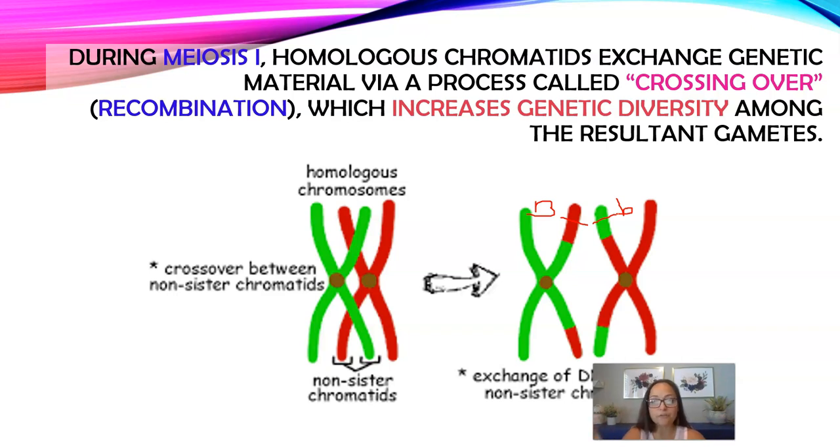The genes coding for eye color are switched with genes coding for eye color, not eye color switched with blood type or something. If you do have a mistake in crossing over, this could be a type of chromosomal mutation, like an inversion or something.